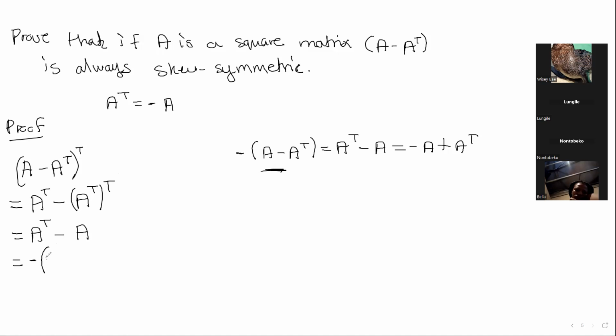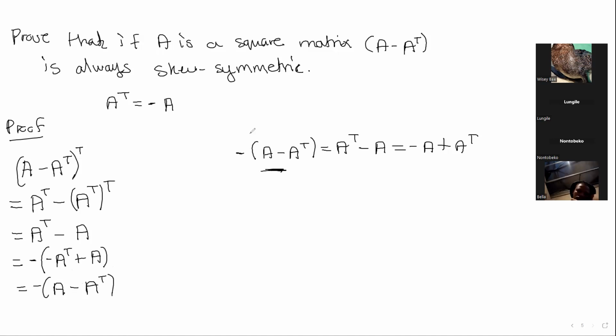This will be negative AT, and this will be plus A. Then we can move things around: A minus AT, which is what we wanted.